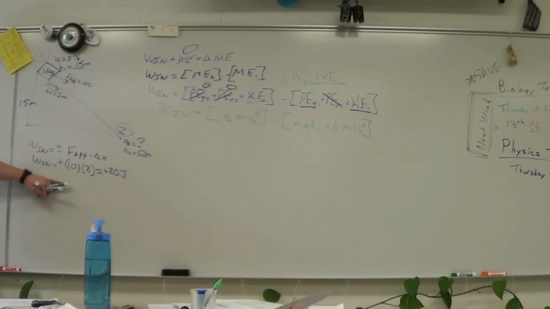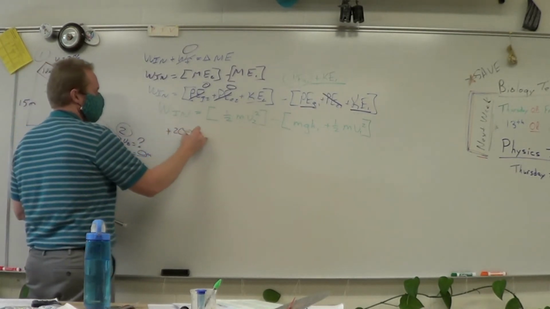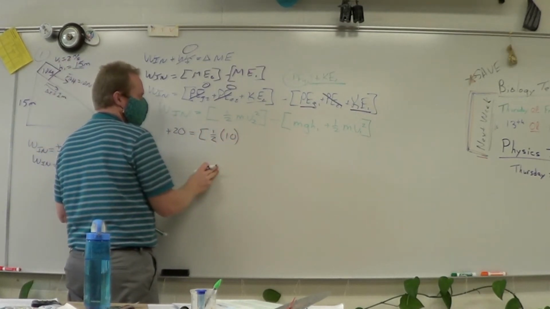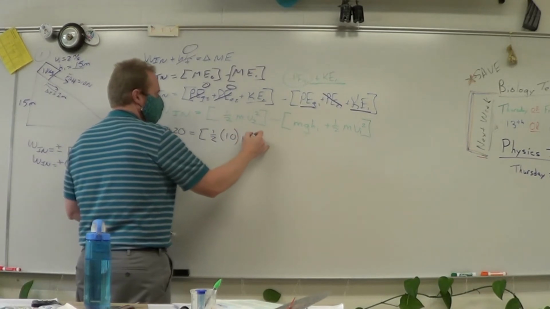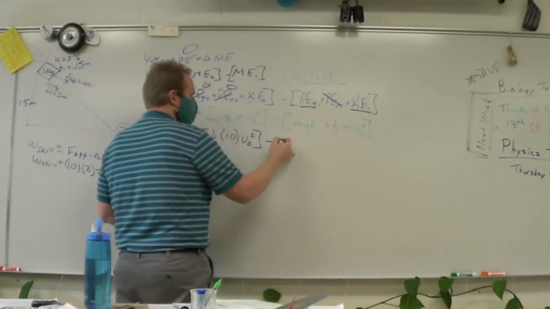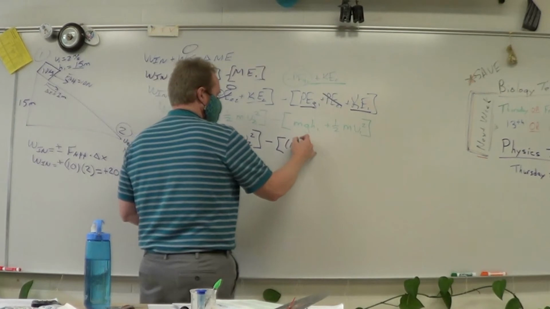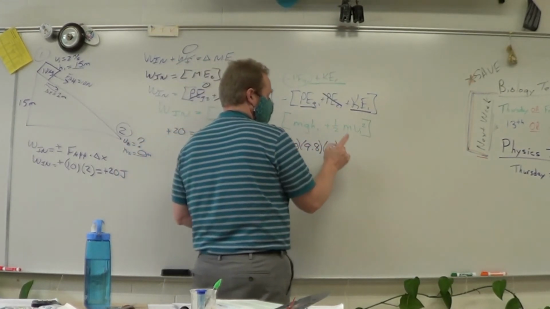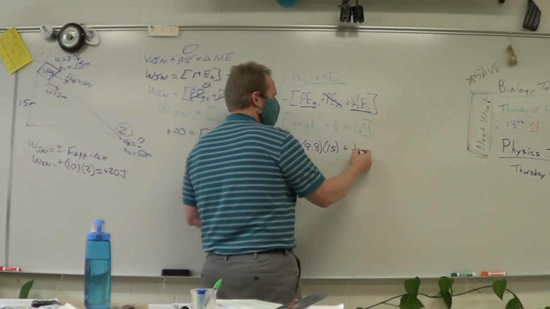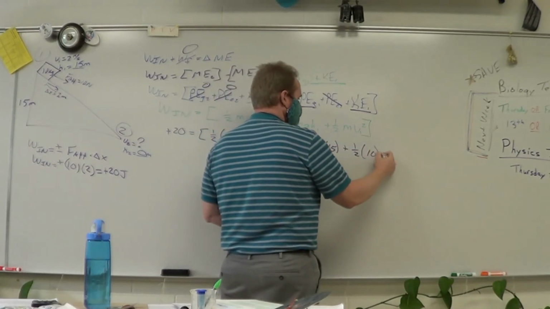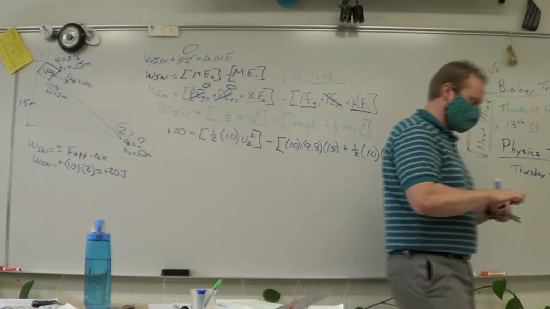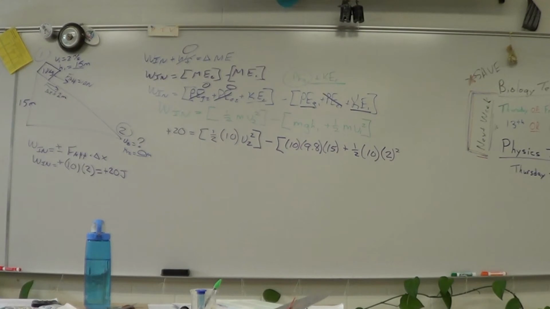We already determined our work in, which is positive 20. 1/2 times the mass of the baby, which the mass of the baby was 10, times V2 squared, minus the mass of the baby, times our gravitational acceleration on Earth, times the height of our hill, which was given to be 15, plus 1/2 the mass of the baby, times the velocity of the baby, 2, at the top of the hill, and then we got to square that.